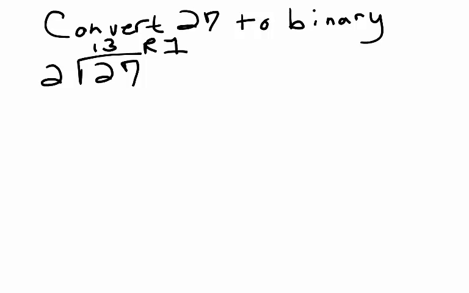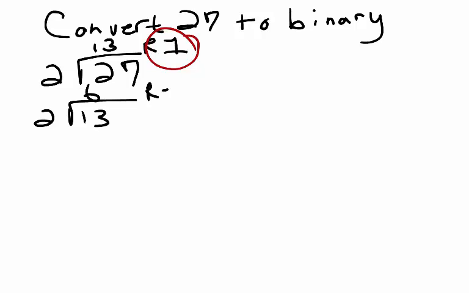The process of converting from decimal to binary relies on us keeping careful track of our remainders. So I'll circle our first one. Next, we'll divide 2 into our previous quotient, 13. 2 goes into 13 6 times, with a remainder of 1.